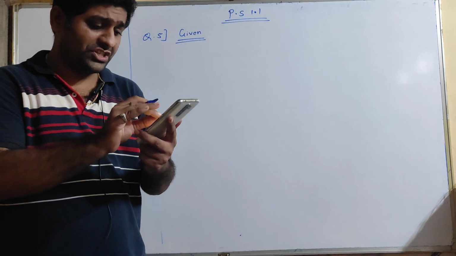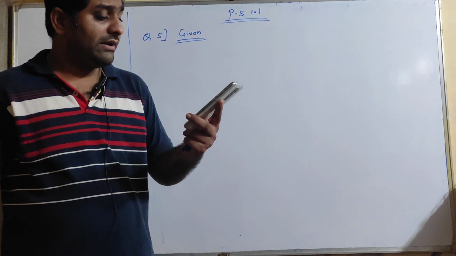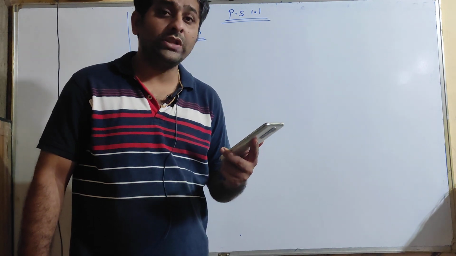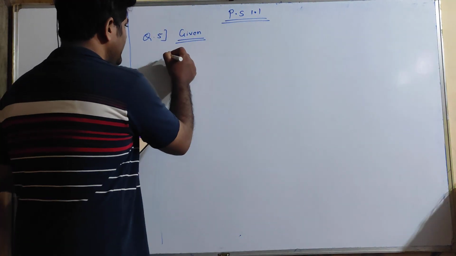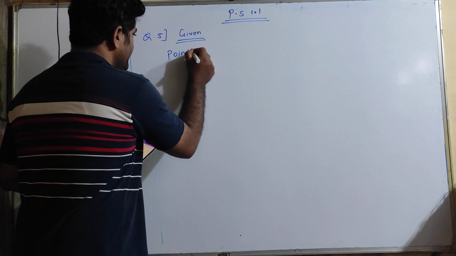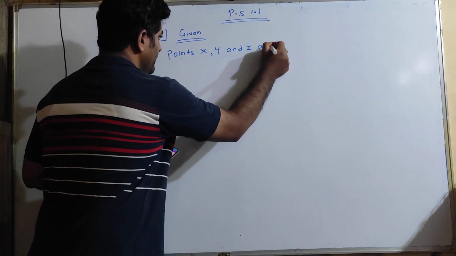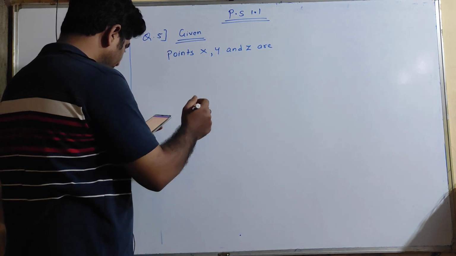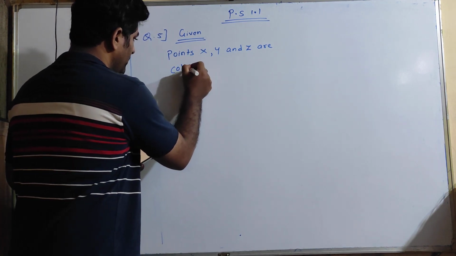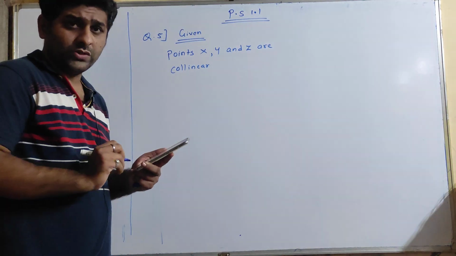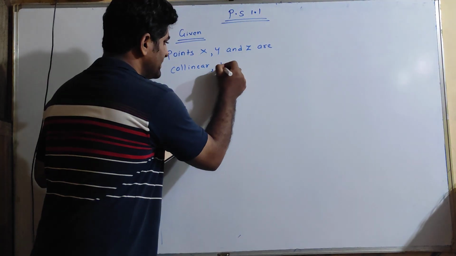Like let's take question number 5 over here. They have given us that points X, Y, Z are collinear points. Let's write this down: points X, Y and Z are collinear. Also, they have given you certain distances.